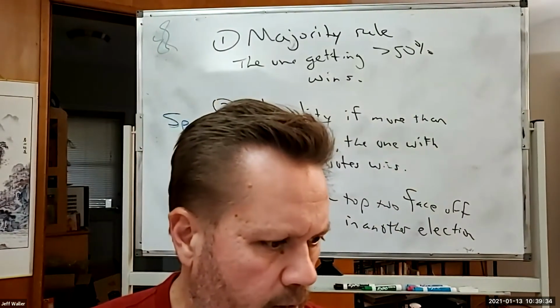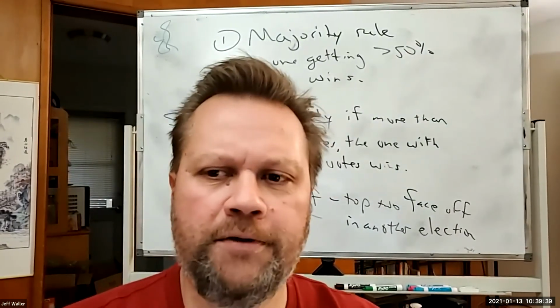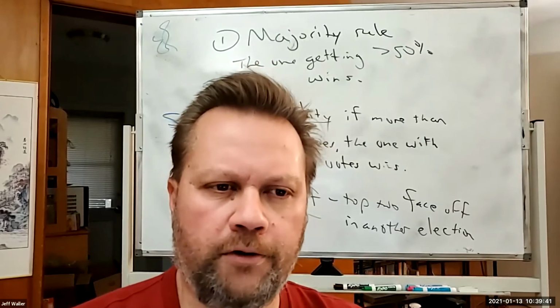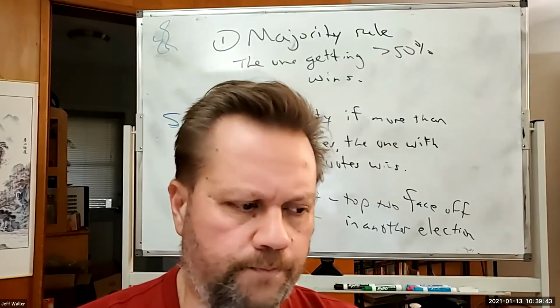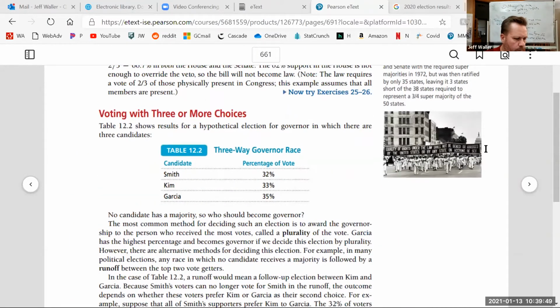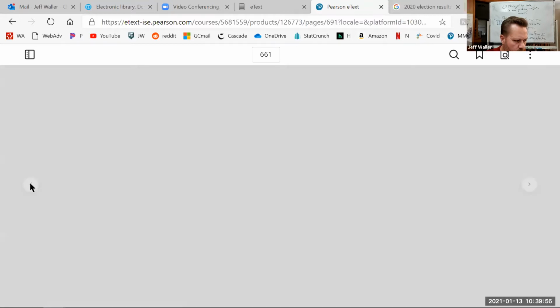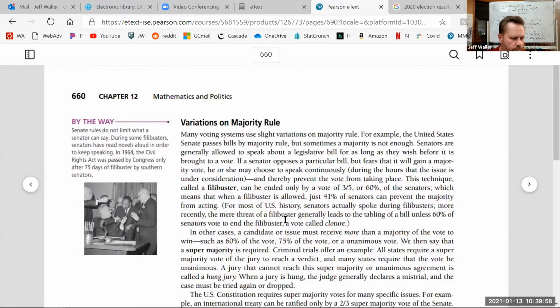Do you guys know? When I ask you, how many total electoral votes are there? Let me see, where are you? I was gonna say 237, but I just saw 273 on the textbook.